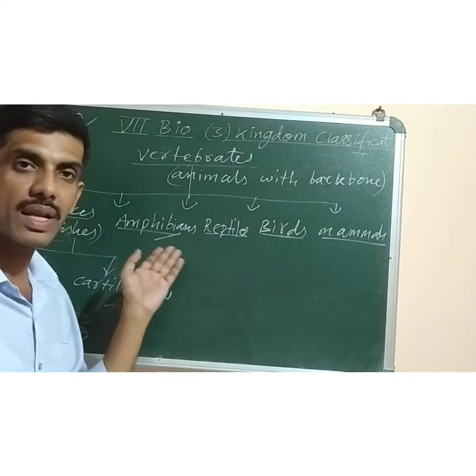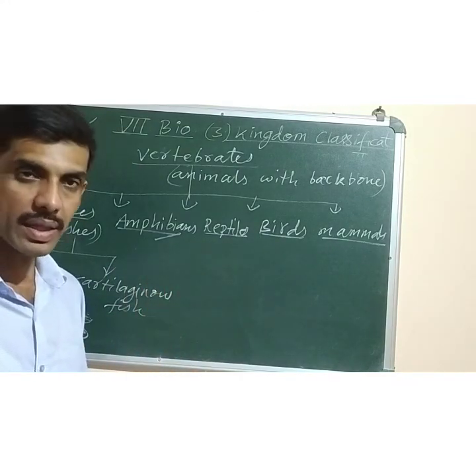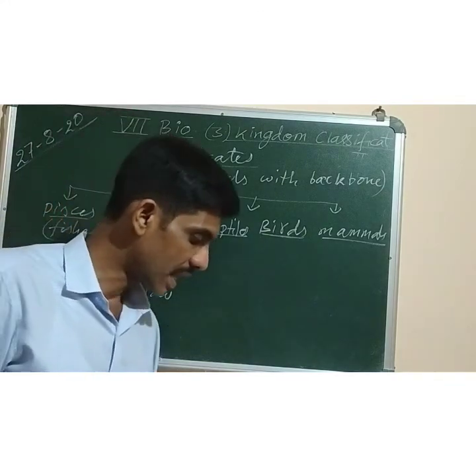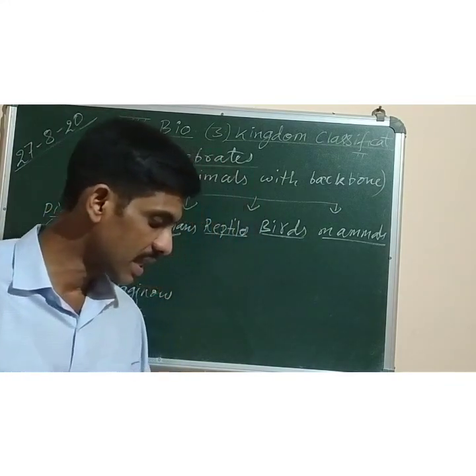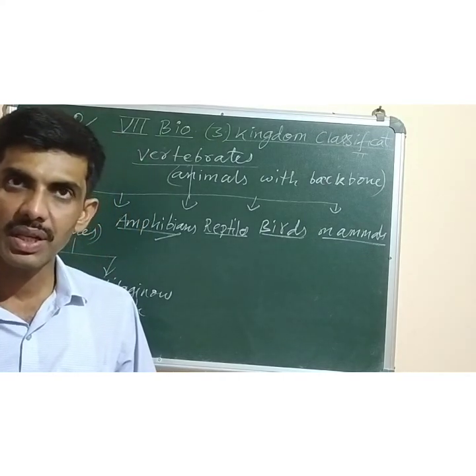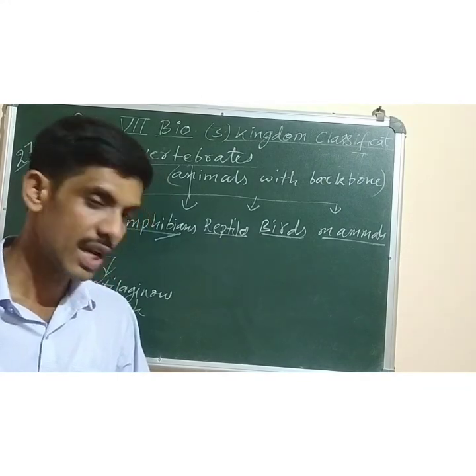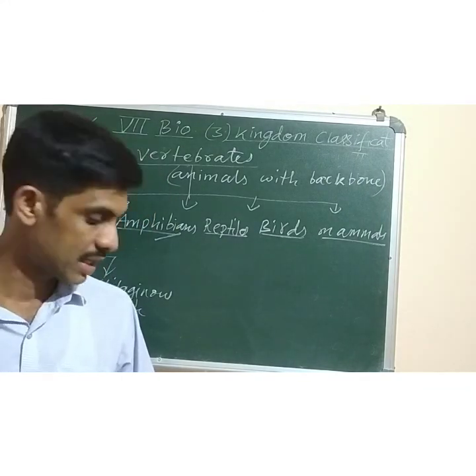And their life cycle is completed in 3 different stages, that is the egg stage, the larval or tadpole stage in which the baby appears like a fish, and then the adult stage in which the adult frog is found.